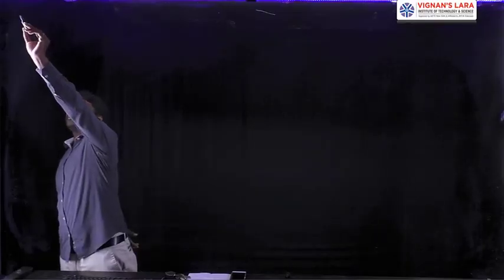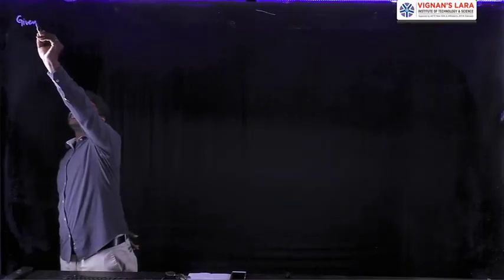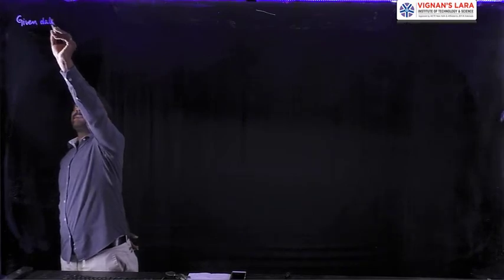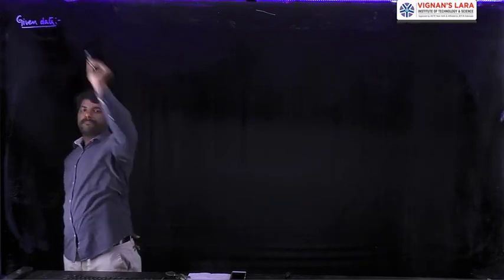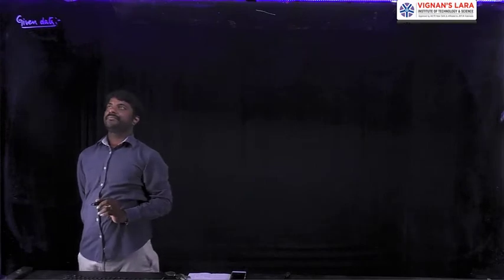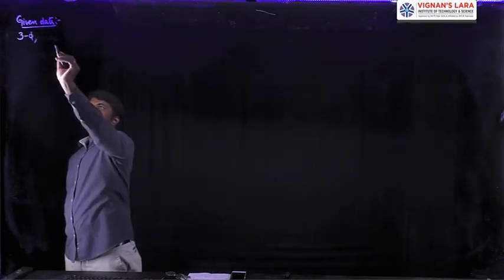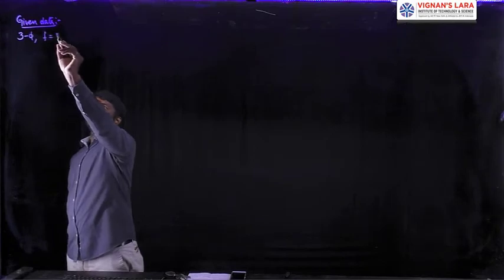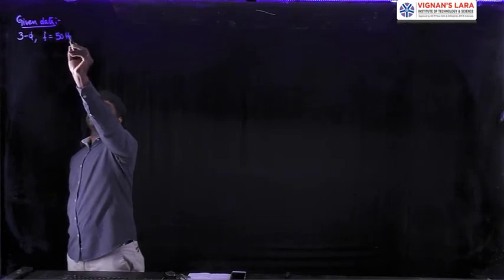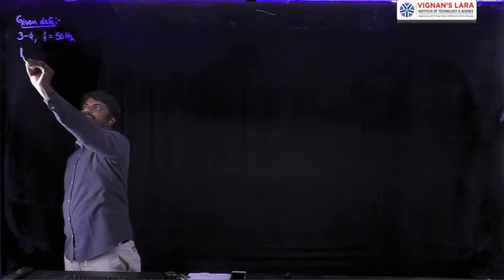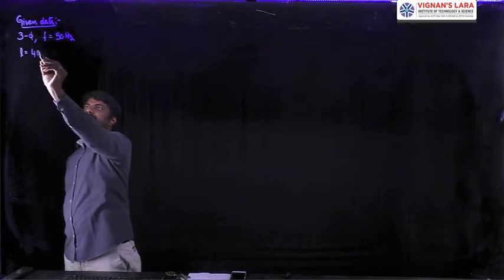The given data first we'll write. It is the given data. It's a three-phase transmission line which is operating for a frequency of 50 Hz, and the length of the transmission line is 40 kilometers.